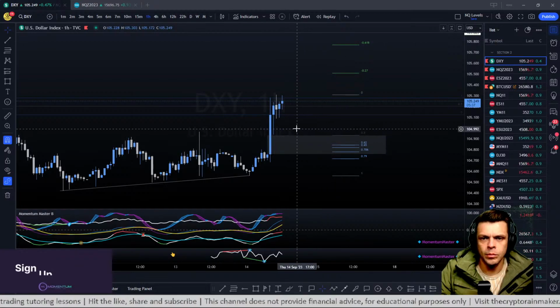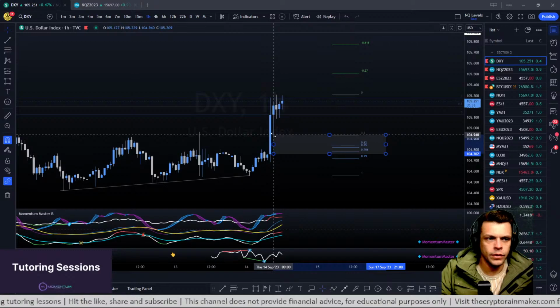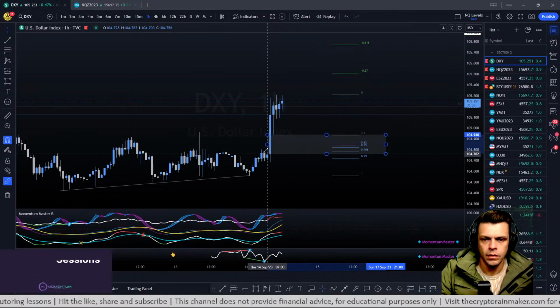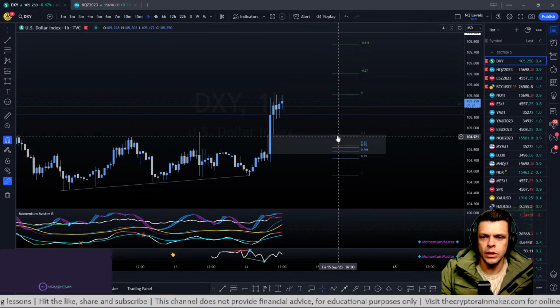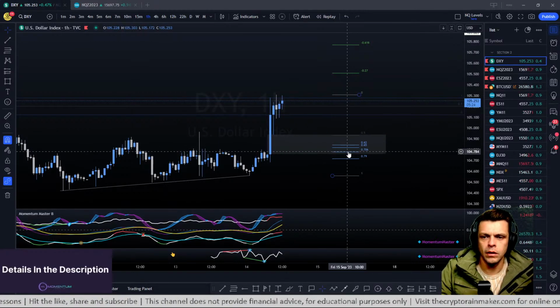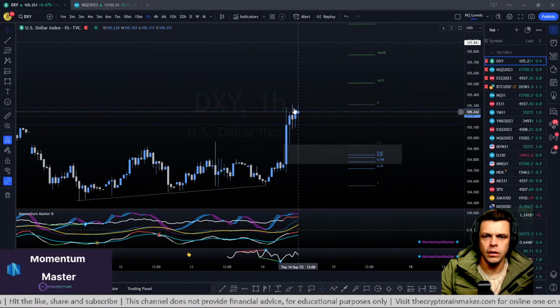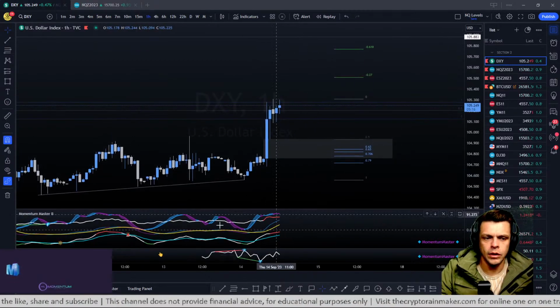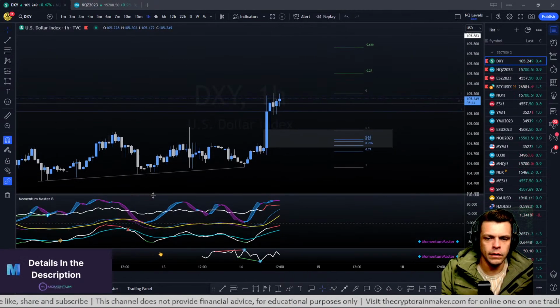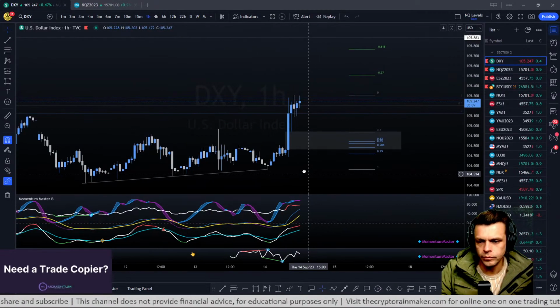Alright, and that lines up nicely. So we have this fair value gap. Let's just fix that. Fair value gap squeezed in between the equilibrium and the 706. It seems like this is kind of the high for this little leg to the upside. And then obviously the momentum masters also indicating that the dollar is running out of steam to the upside.